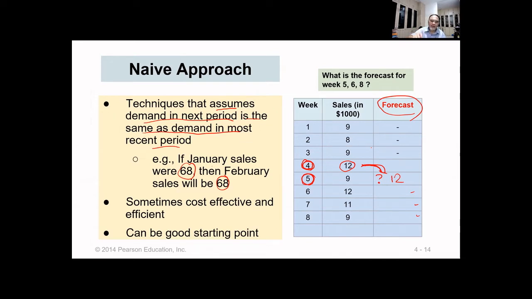I can also ask what's the forecast for week 2? It will be the previous period. The previous period for week 3 is week 2, so it will become 8. Week 4 is going to be 9. This is the actual demand. So week 5 is 12, and week 6 is going to be the same. Do you understand?